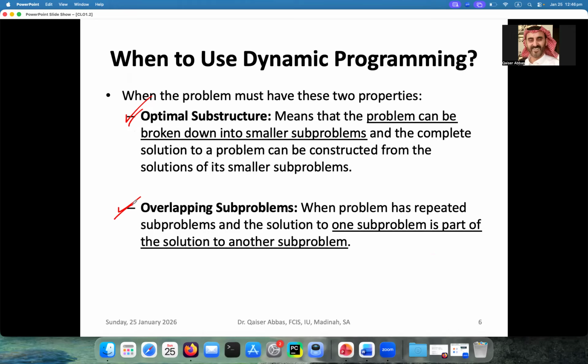Now I need your attention because this is the key point. If you understand these two things, then you can understand that this is something related to DP and this is something related to something else. Optimal substructure is related to the structure.